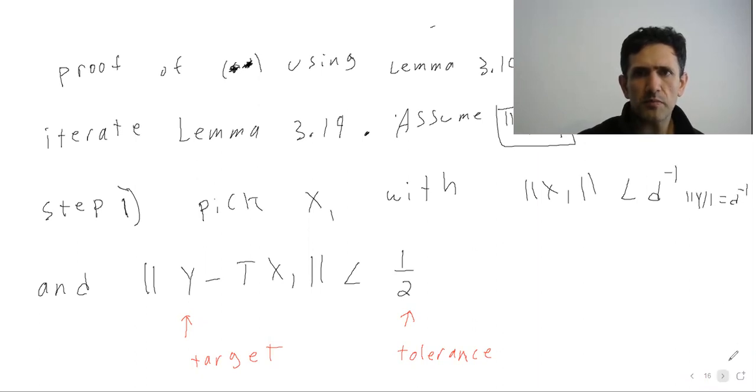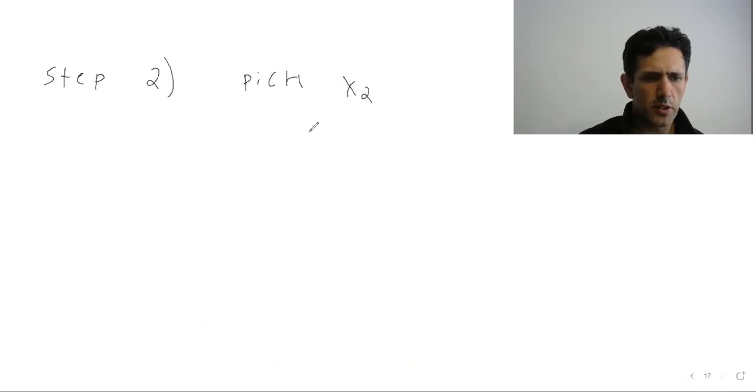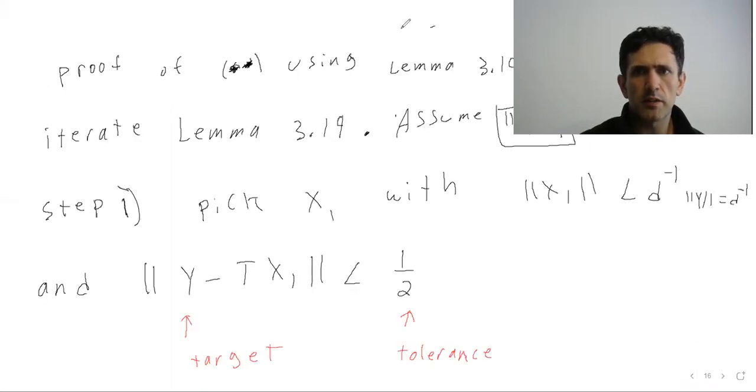Now I want to pick x2. So maybe I should just say y is my target, but I'm going to specify my target beforehand. Cleaner, neater.